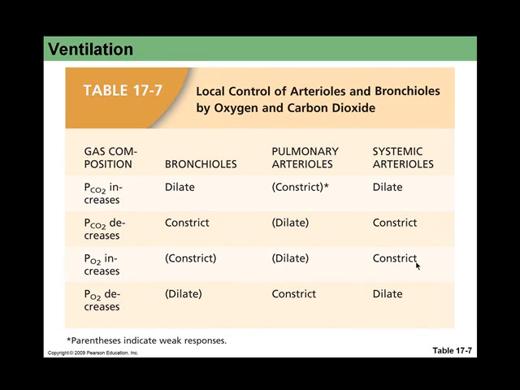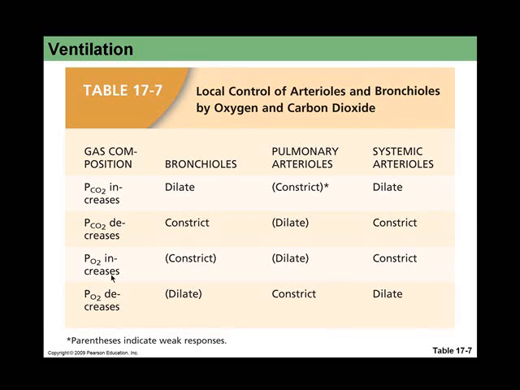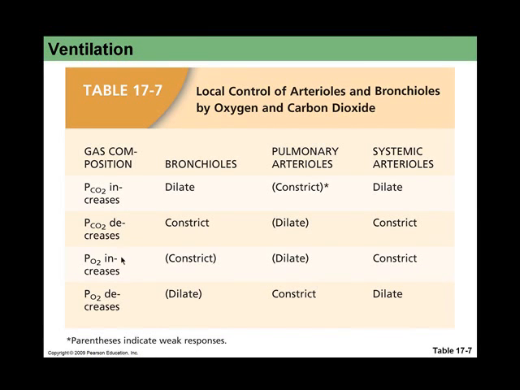But typically, under normal conditions, the PCO2 is going to be lower in the arteriolar blood, and the PO2 is going to be higher. So when they are working together like that, you're going to get a slight constriction of the systemic arterioles because you don't need to deliver more oxygen than what is needed by the tissue. If the tissue is highly metabolically active, then it's going to add PCO2 and dilate to offset that.